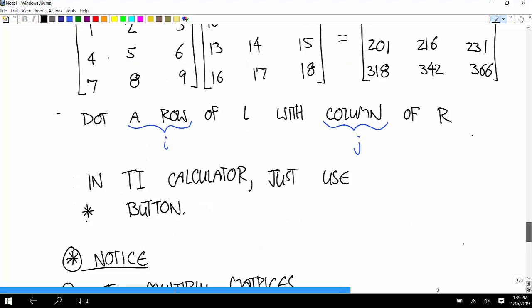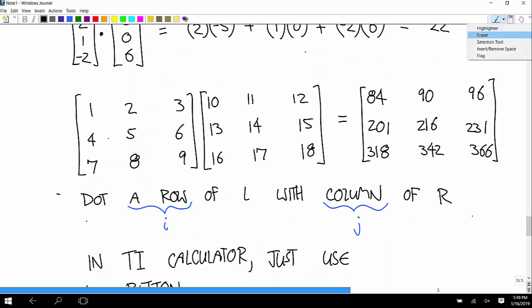That's because when you take these dot products, you can only take dot products of vectors that have the same length. So if we were dealing with a matrix that had 4 columns here and 3 rows here, then that dot product doesn't make sense, so you can't do that multiplication.